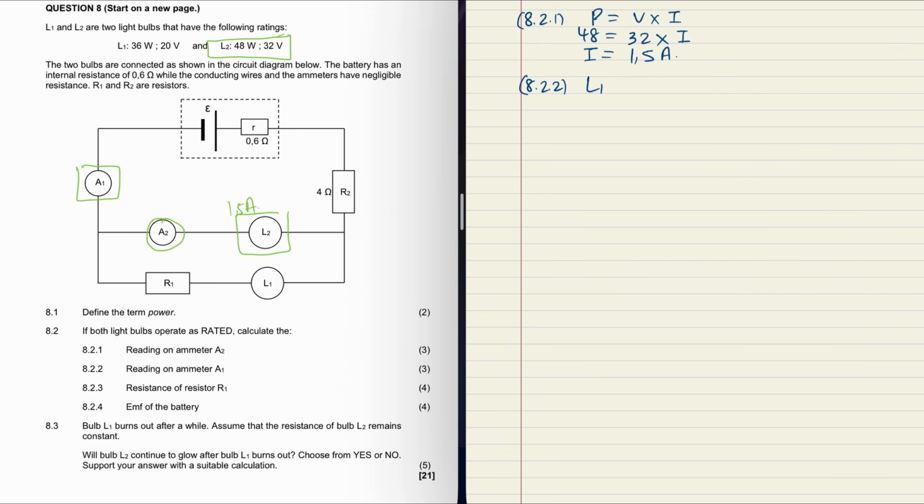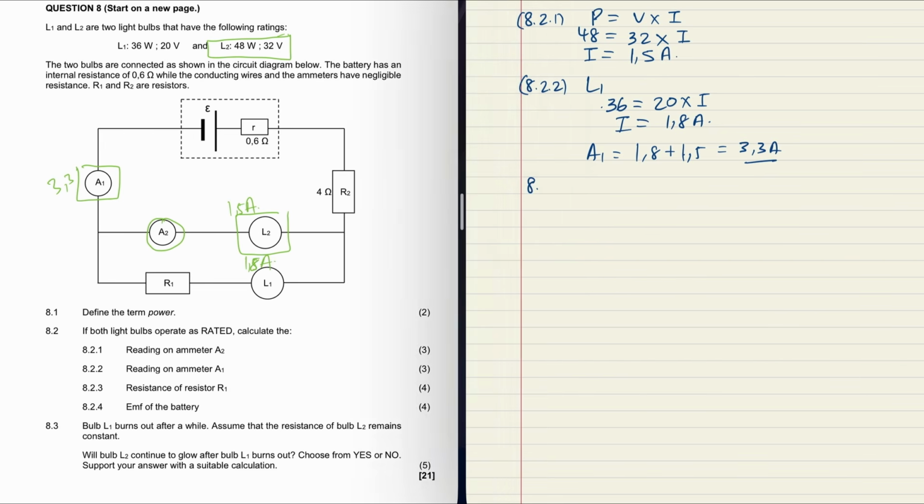Power is 36, that's equal to 20 times I. That means I is equal to 1.8 amperes. So the current reading on A1 is going to be 1.8 plus 1.5, which is equal to 3.3 amperes. So this is 3.3 and this is 1.8.